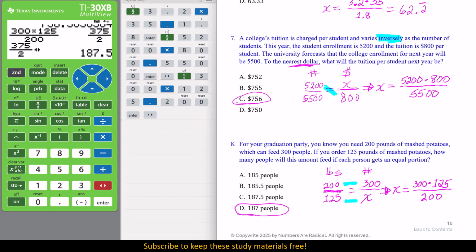It had to be the nearest person. In this situation, the question was, how many people will this feed with equal portions? Well, if we have a half, that's not equal. So that's just set to the side, and it would have to be 187, which, if you think about it, makes sense. Okay. All right.